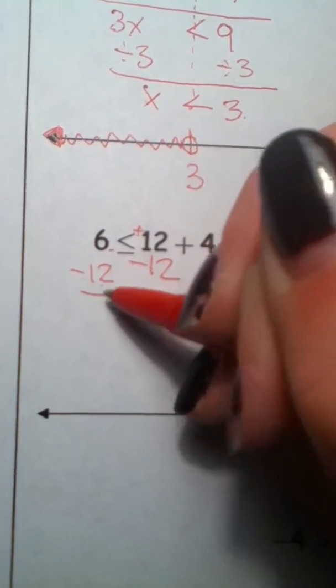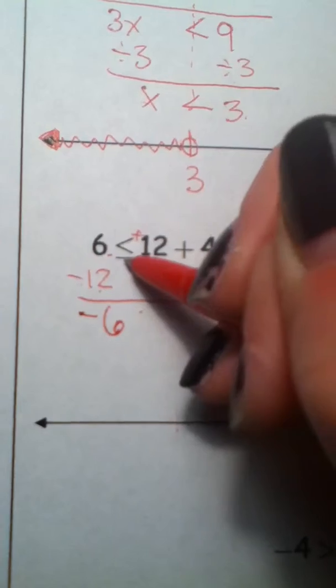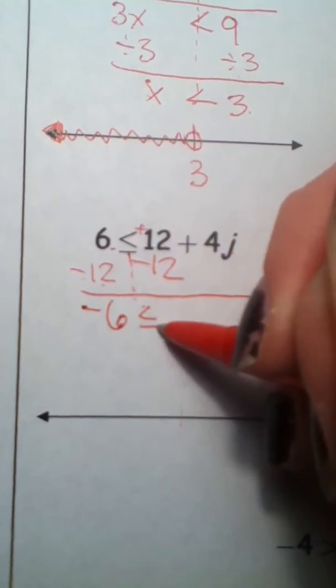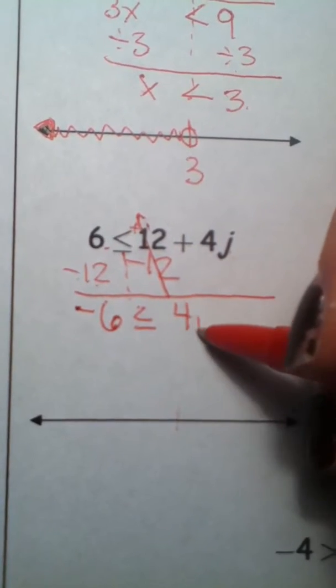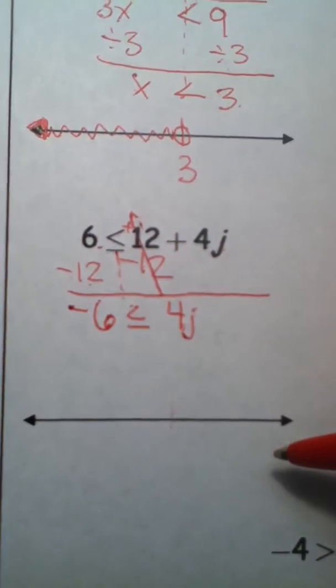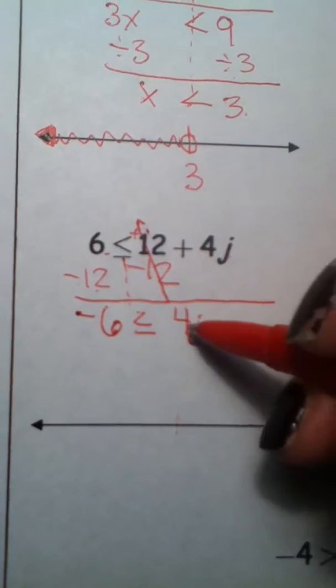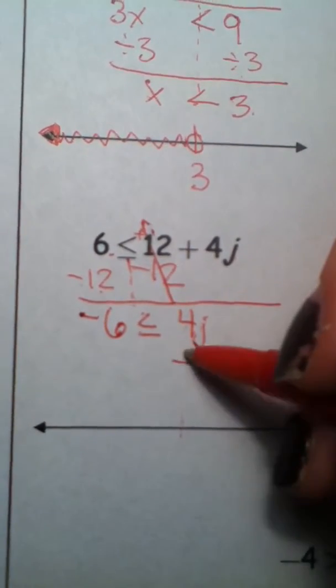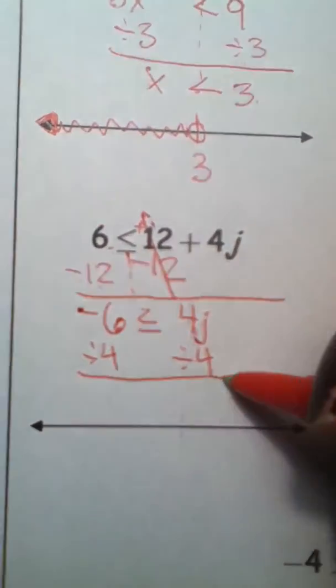6 minus 12 becomes a negative 6. Keep my sign the same. This becomes 0. We're left with 4j. Now, we've got 4 times j, so I'm going to divide by 4 on both sides.